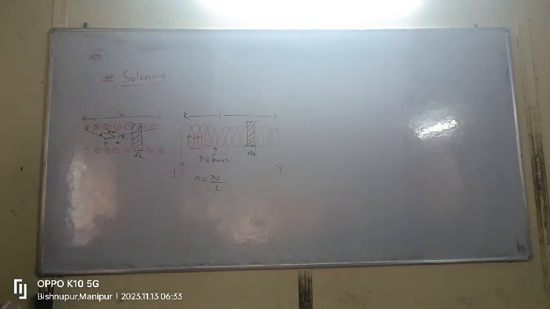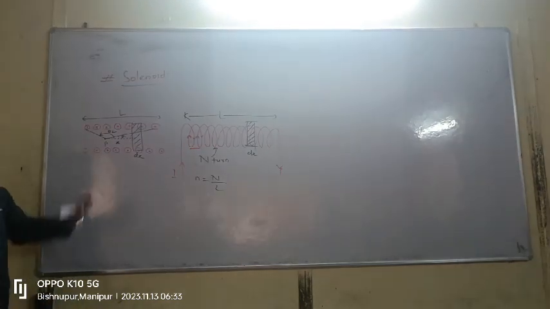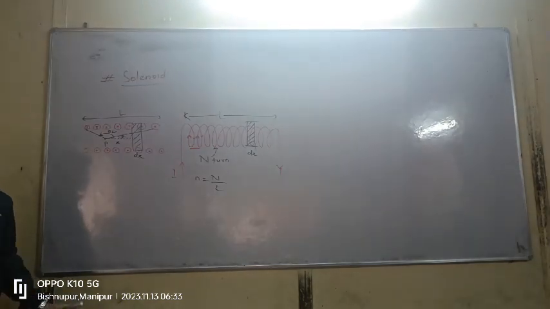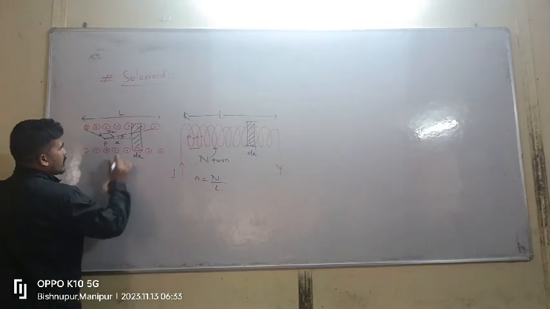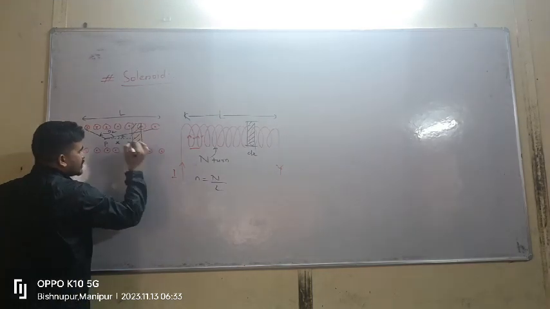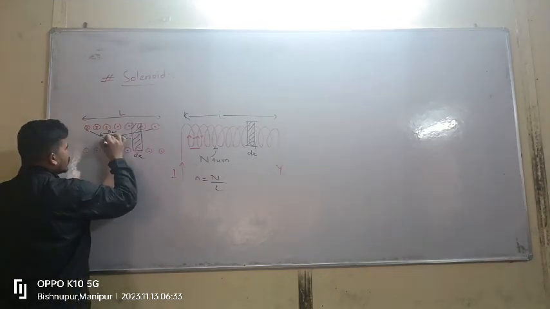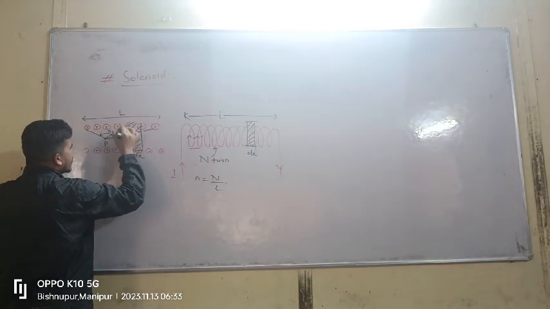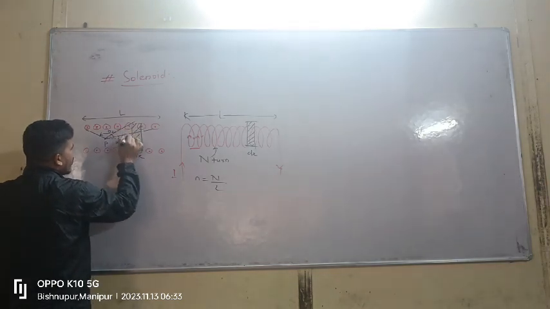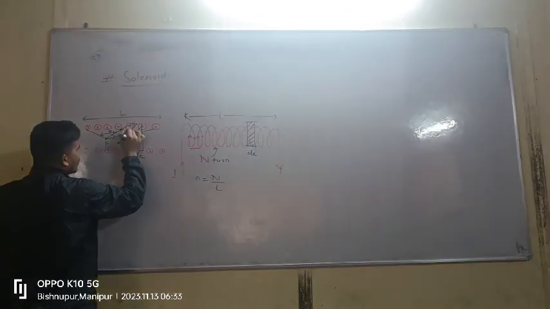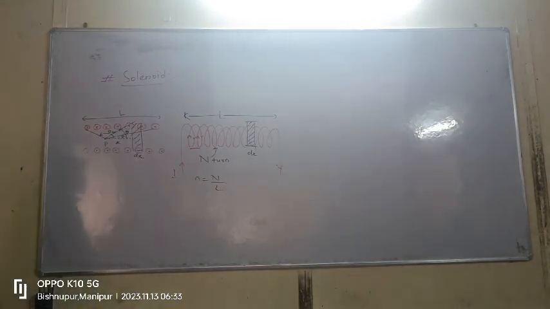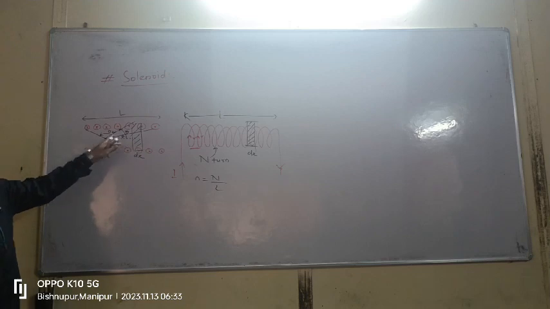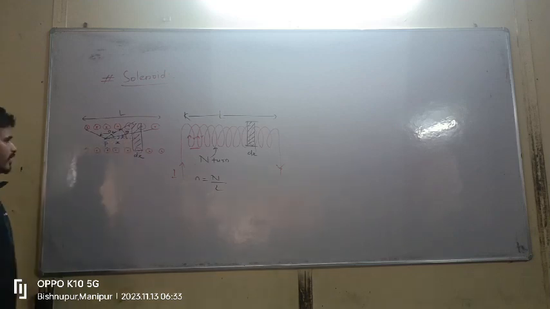Theta 1 with one end, theta 2 with the other end. Is it clear to everyone? Okay. Now, what angle is this section making? Let's say this is theta. Clear? This section is making theta with this point. Clear to everyone? Okay.